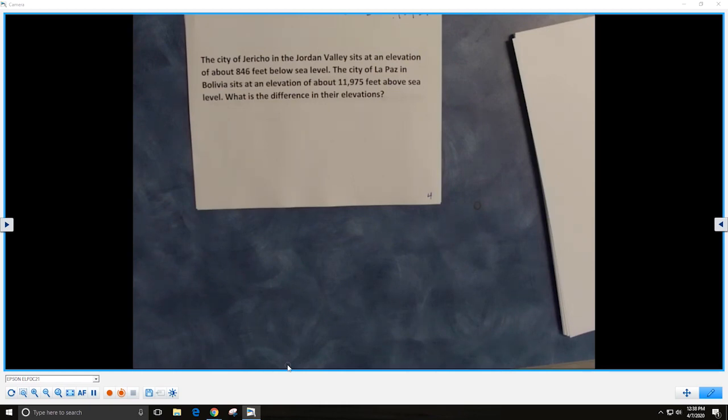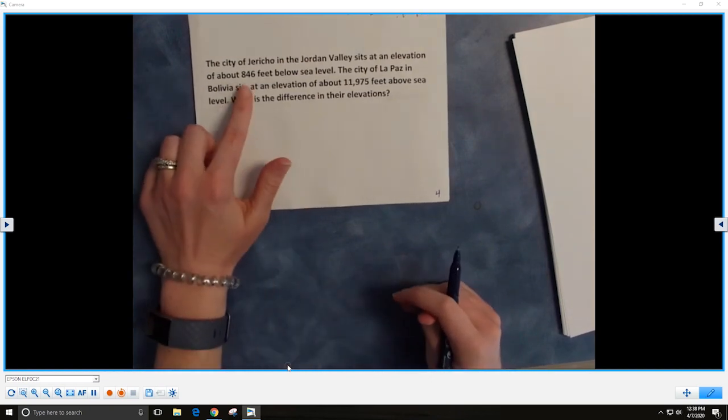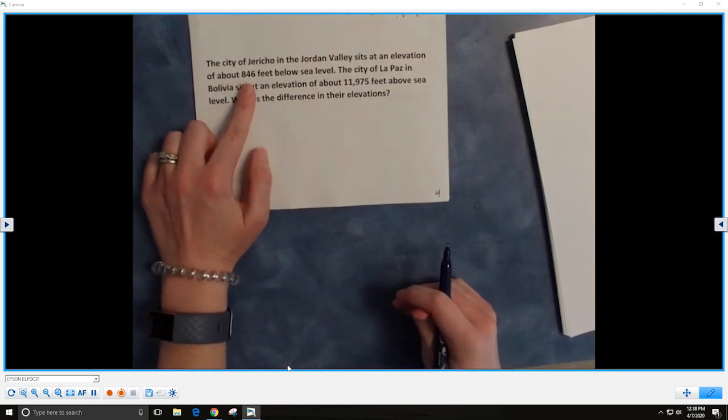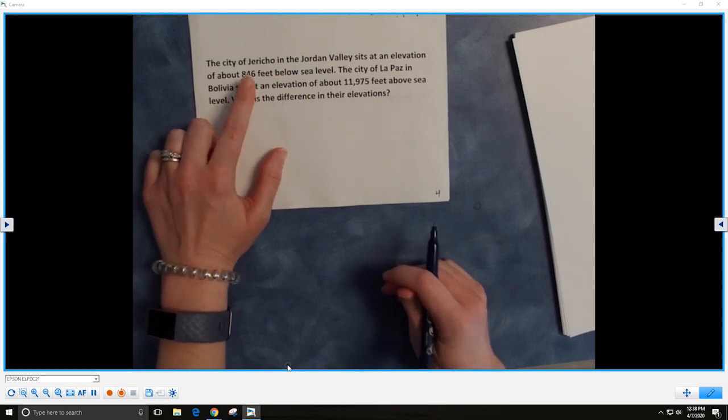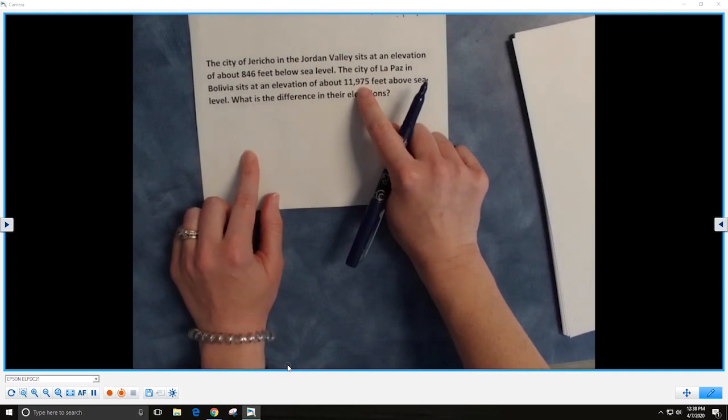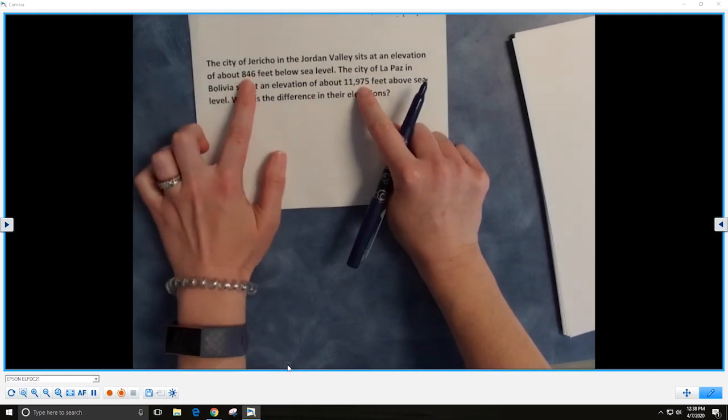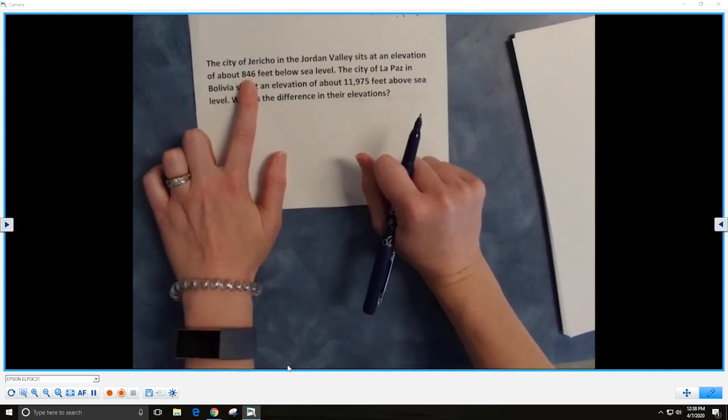If we assume that the sea level is at 0, we know that above sea level can be represented as a positive number, and below sea level can be represented as a negative number.